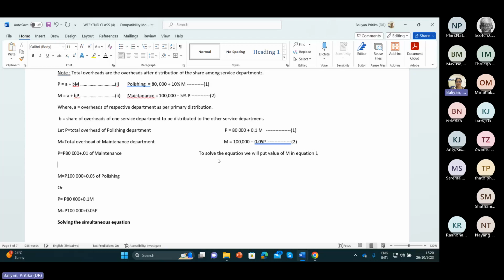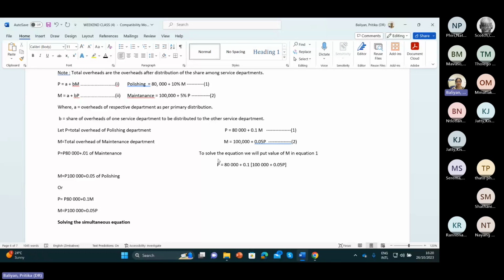So equation 1 will be read as, just pay attention to what I'm writing, P is equal to 80,000 plus 0.1, then in a bracket you will write the value of M, 100,000 plus 0.05 P. Then you close the bracket.